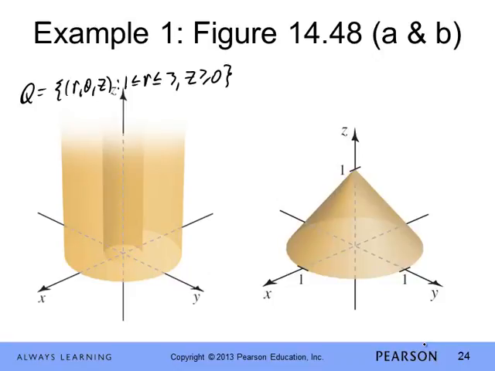This next one is the surface S, given by z equals 1 minus r, where r is going to go from 0 to 1.